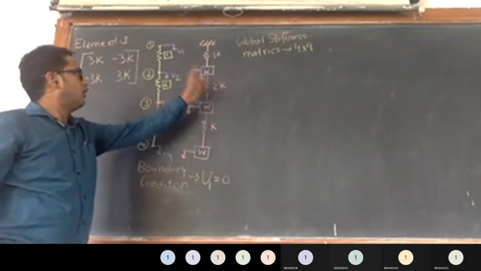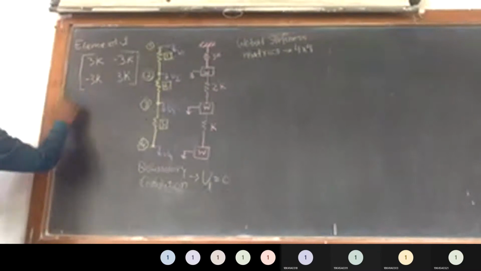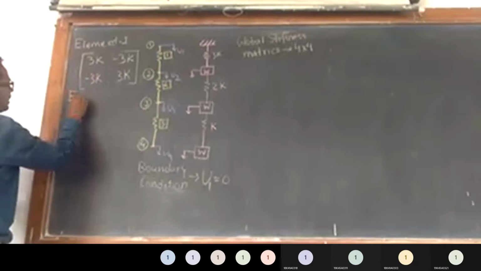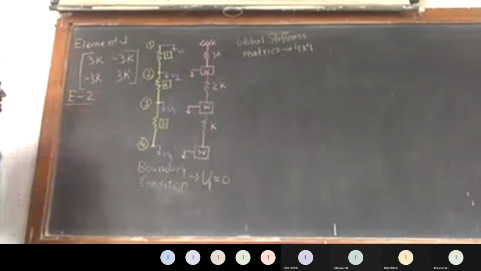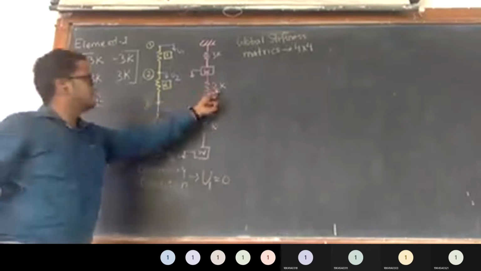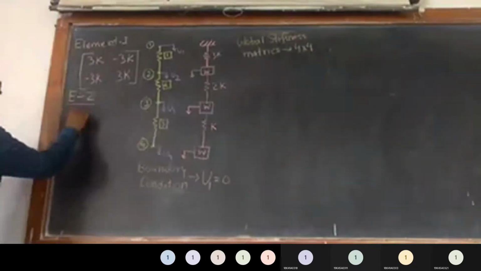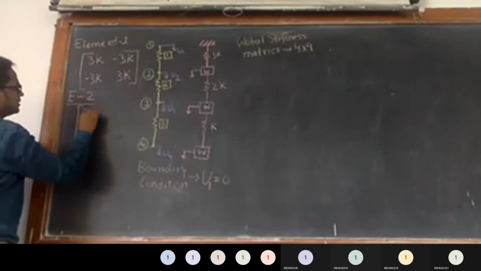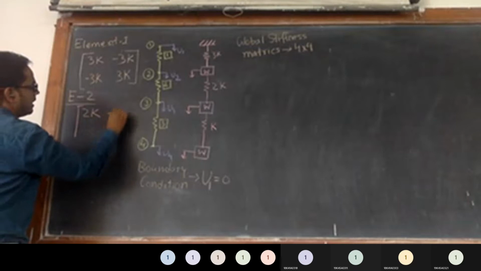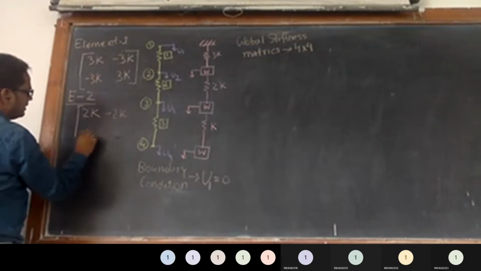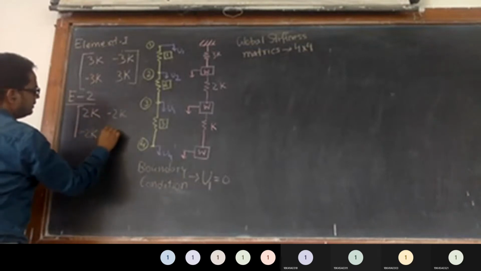Similarly, how many elements do you have? 1, 2, 3. You can write 3 individual element stiffness matrices. For element number 2, I will write E2. E2 means element number 2. The stiffness value is 2K. So you can write 2K, minus 2K, minus 2K and 2K.